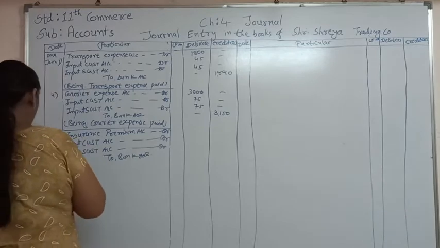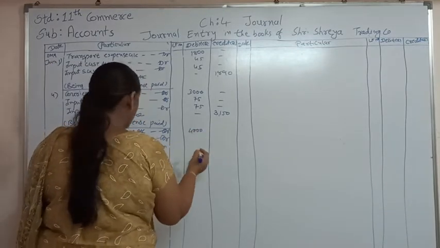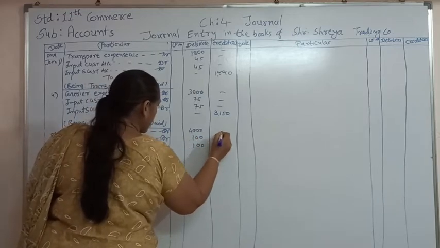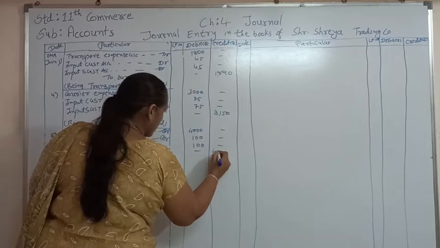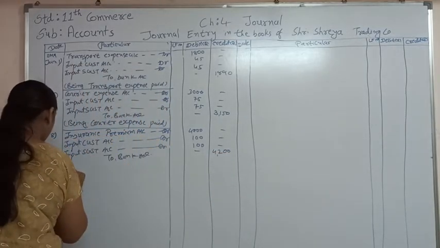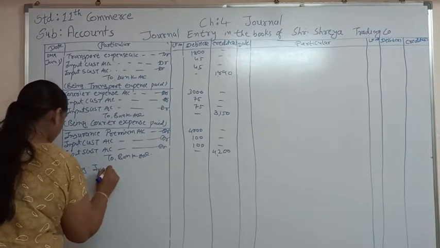It is 4000 and 2.5% of 4000 will be 100. So total will be 4200. Being insurance premium paid.